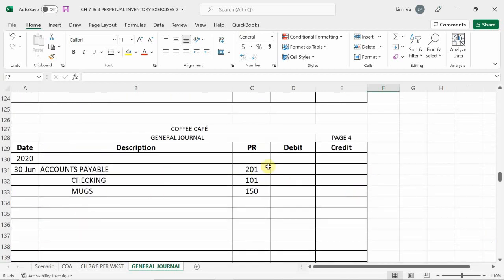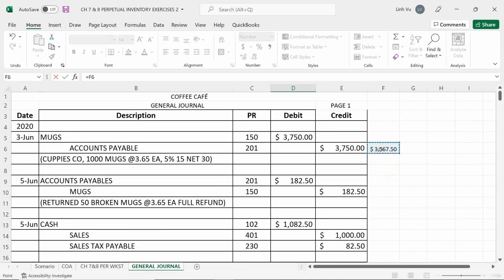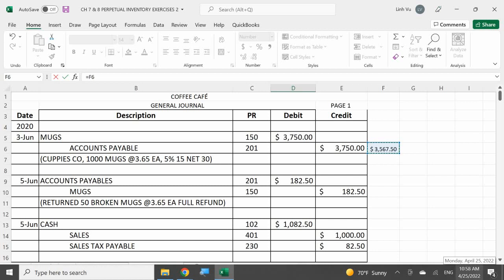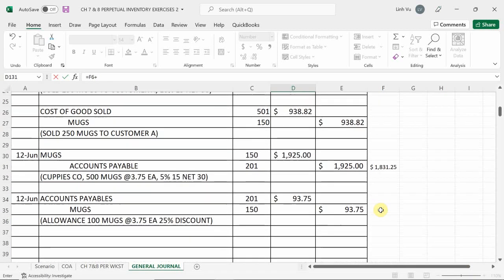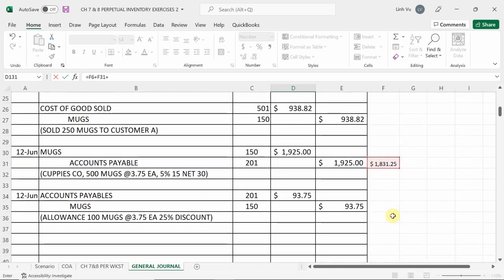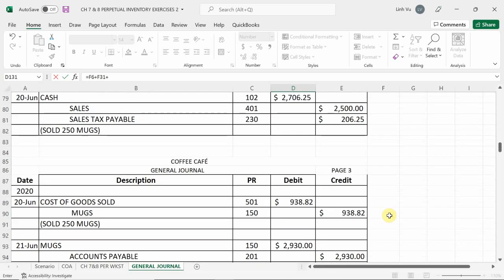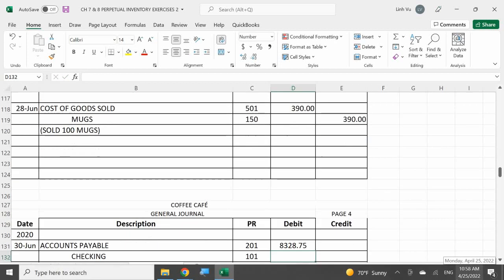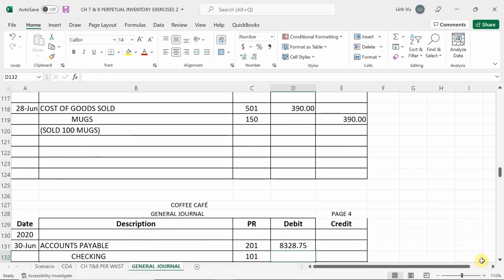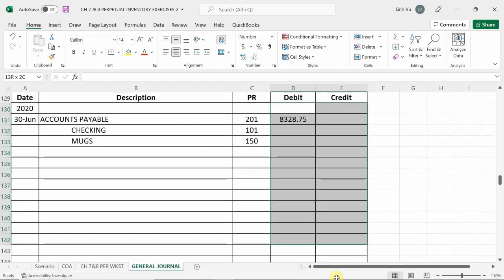So we got to add 3,567.50 plus this 1831.25 plus this 2,000. This 2,930 should get a grand total of $8,328.75. Okay.